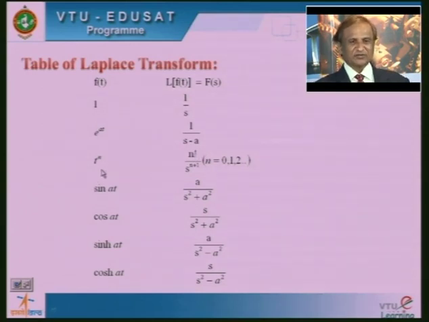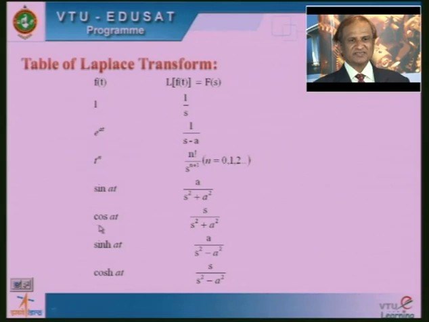If it is t to the power n, what is the Laplace transform of t to the power n, where n is a positive integer? N factorial divided by s to the power n plus 1. Is it clear? If it is sine a t, what is the Laplace transform of sine a t? A divided by s square plus a square.